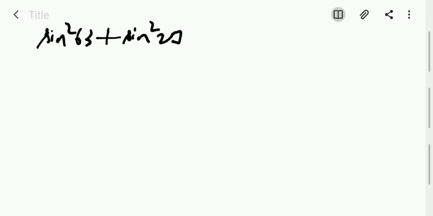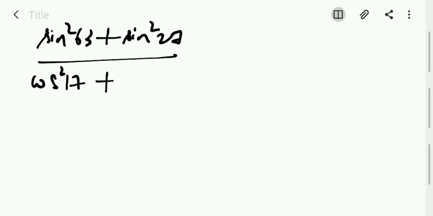Now suppose there is a sum, that is sine square 63 plus sine square 27 by cos square 17 plus cos square 73.